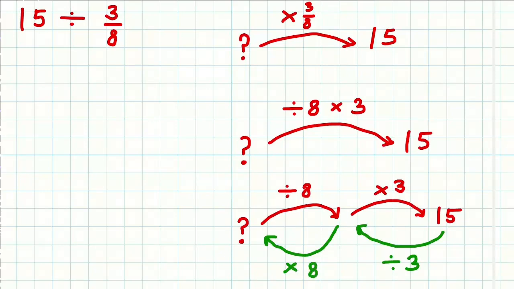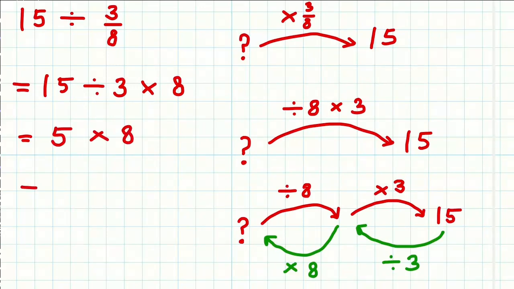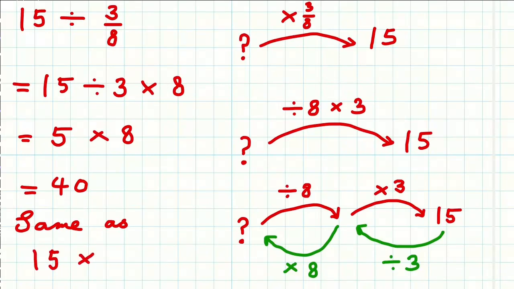So to get our answer, we'll divide by 3 times by 8. 15 divided by 3 is 5. 5 times 8 is 40. And you may realize this is the same thing as 15 times 8/3, because there we would divide by the bottom, 3, and times by the top, 8.